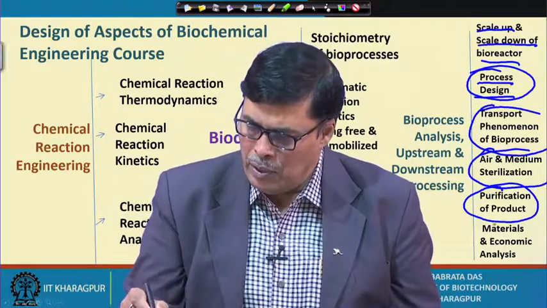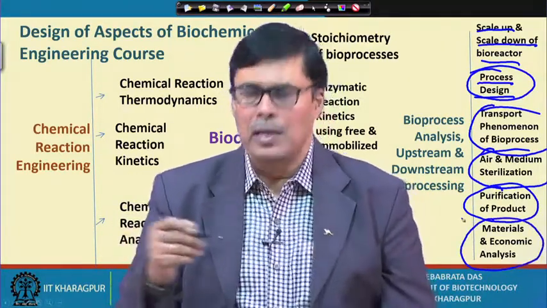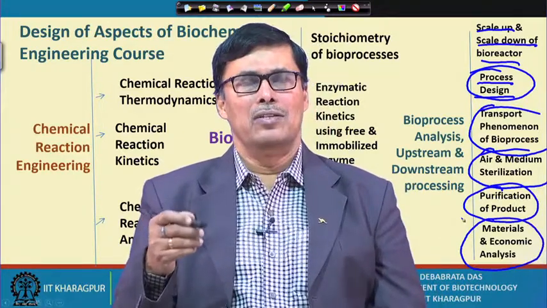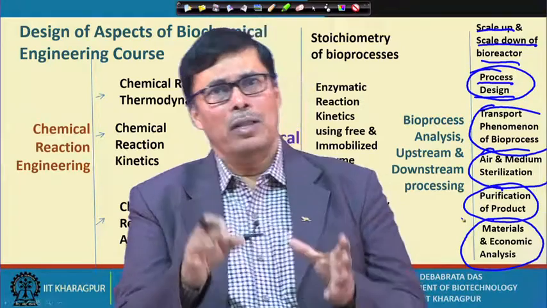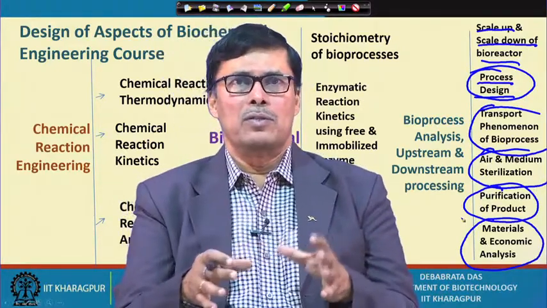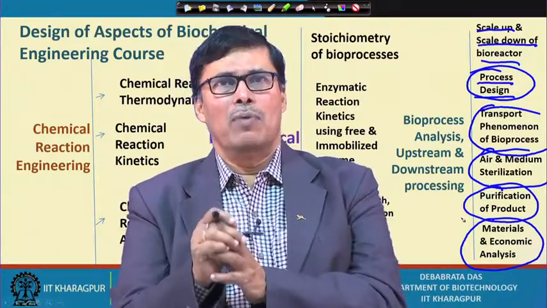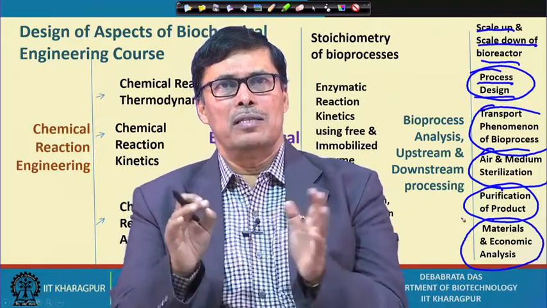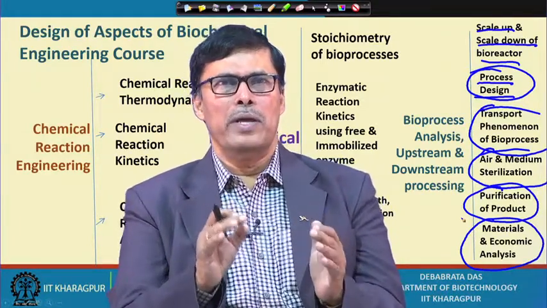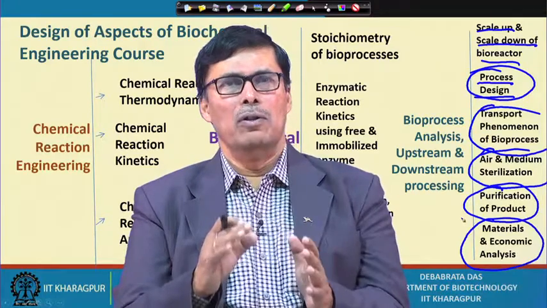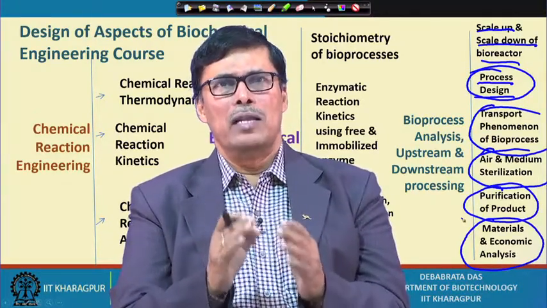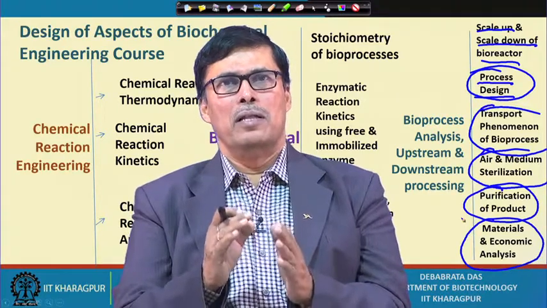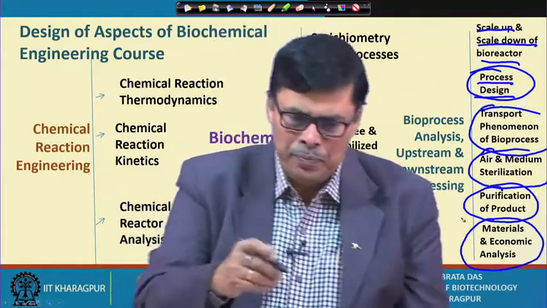And finally we did the material and economic analysis of the process, to give you an idea of how you can apply whatever knowledge you acquired during this course in a real fermentation process. So this is the way we have designed the whole course. I hope it will be very useful for those who are really working with biochemical processes.